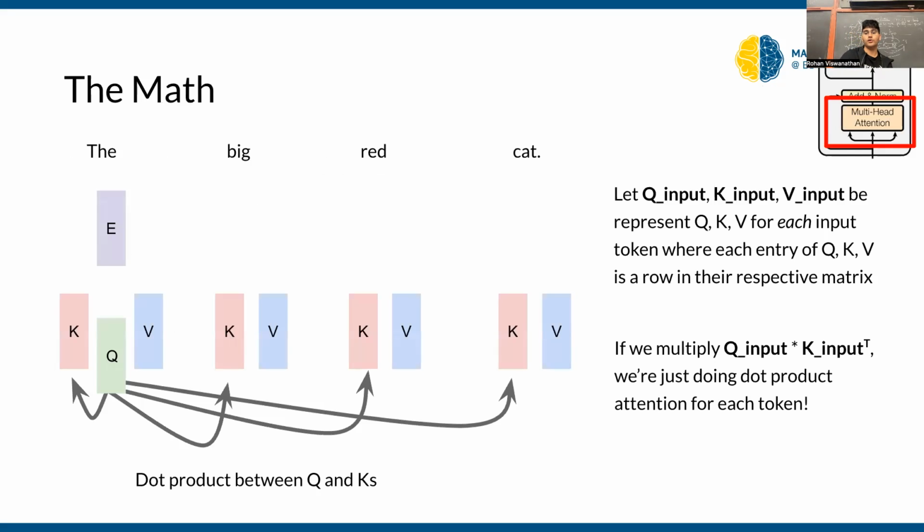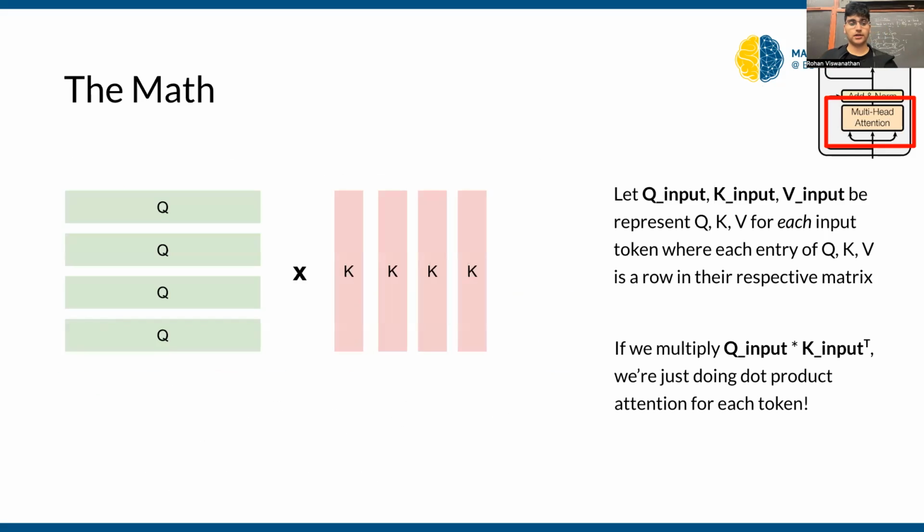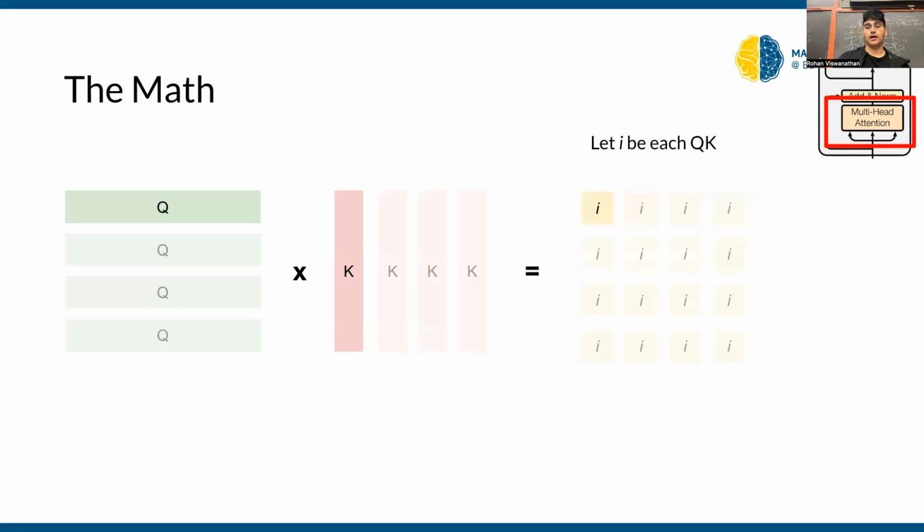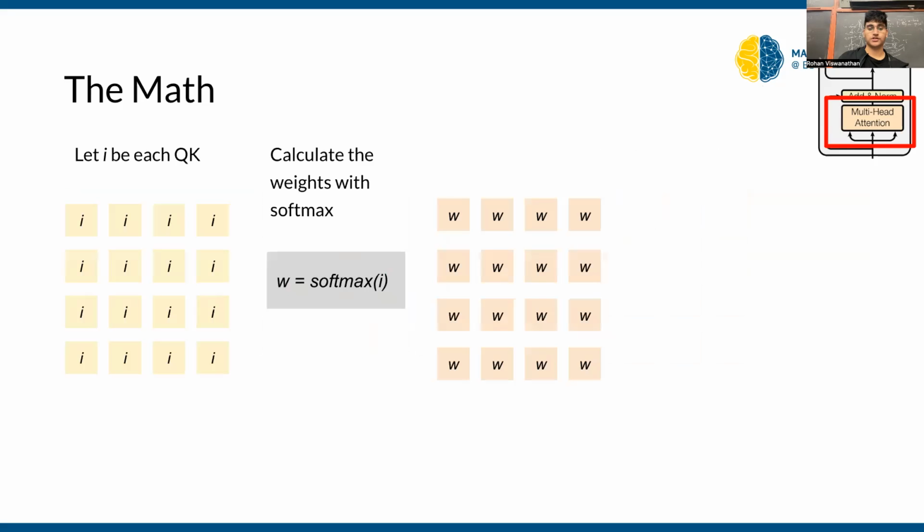So the math here we really talked about before. You have a Q input, K input, V input, and we're multiplying our Q times K transpose, doing this dot product. This is essentially a big matrix multiplication, where we're multiplying our Qs and our Ks to generate Ws, and each one represents our weight.